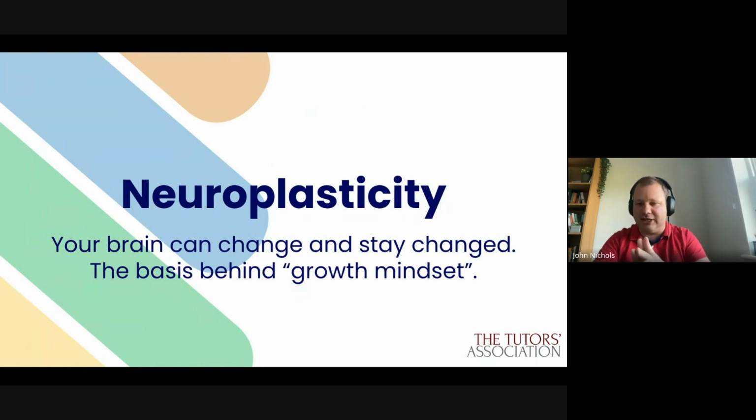Neuroplasticity. That's it. Sheila. The idea that the brain can be modified, and the word plastic means that when you modify, it stays modified. Plastic in physics is the opposite of elastic. Elastic means you stretch it, and when you let go, it pings back to its original shape. Well, the idea of plasticity is when you change it, like plasticine, you can change it into a shape, and it will stay in that shape. Neuroplasticity is the idea that you can change the brain, but the change can be permanent.